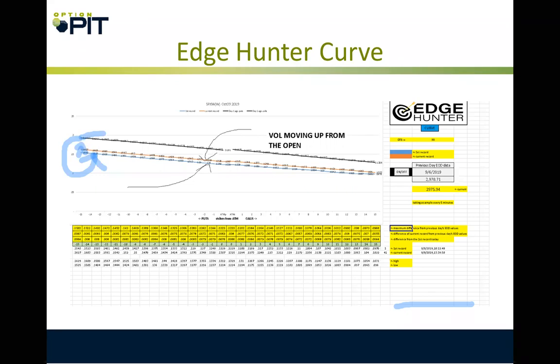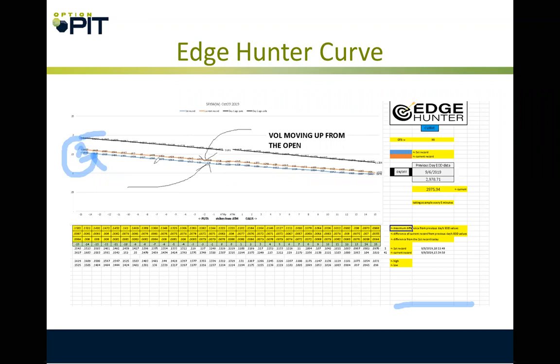Okay, so this is an example of vol moving in a real way. So Alan, the black line is the prior day's close. You open at the blue line and it drifts up to the orange line. Better wait for a vol spike.